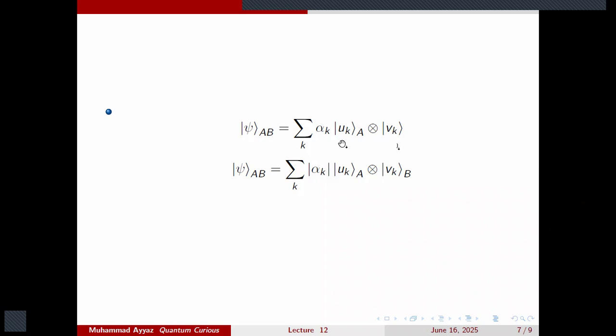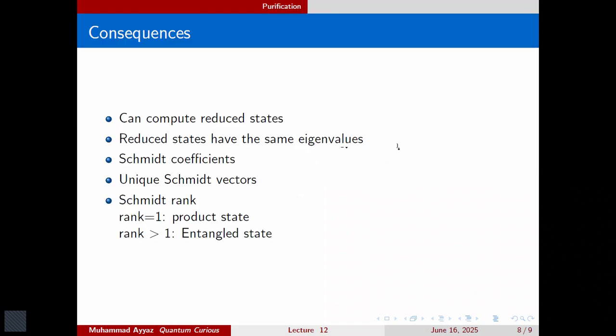So this is the Schmidt decomposition, and it has very important properties, as we could quantify the entanglement of the state by this. So there are some consequences related to the Schmidt decomposition.